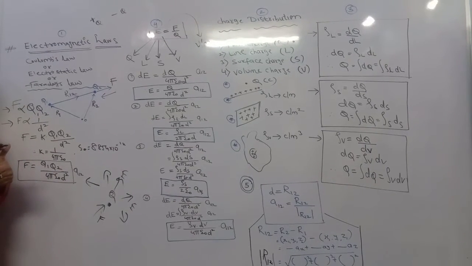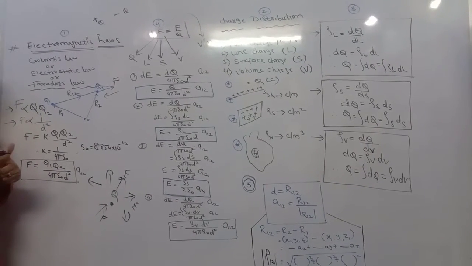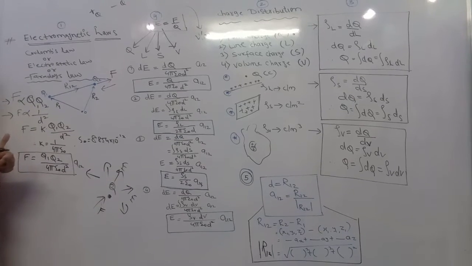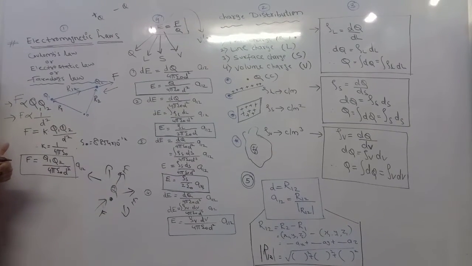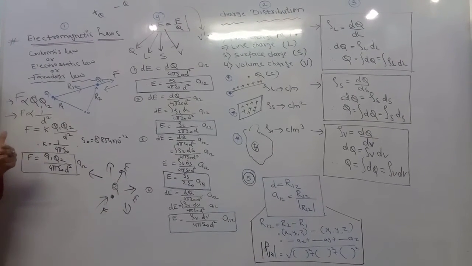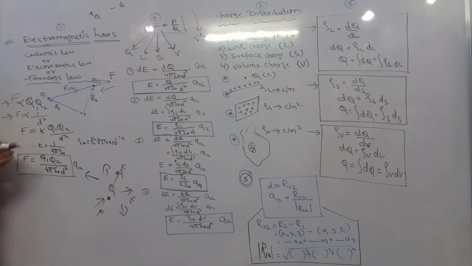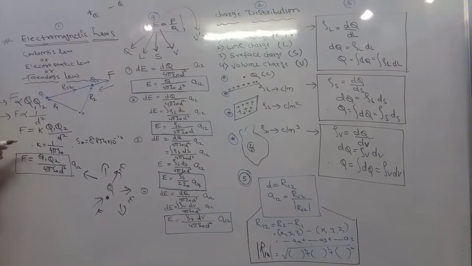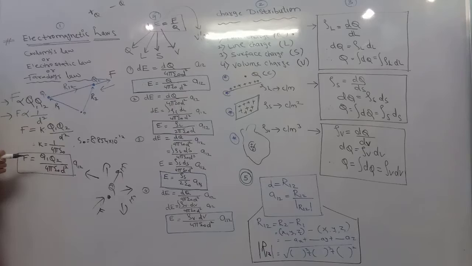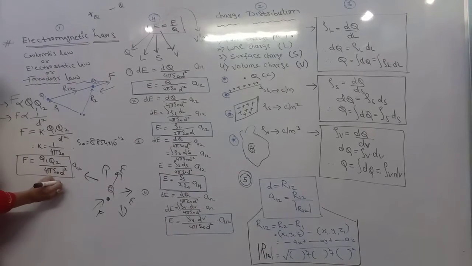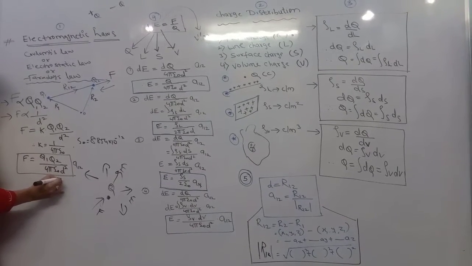You may find the force F1, F2 likewise. Okay, you may find the electric field intensity E. You may find the rho L, the rho S and the rho V. In all cases, the intention is that you should first understand how you can calculate that force. That force is measured in newtons.